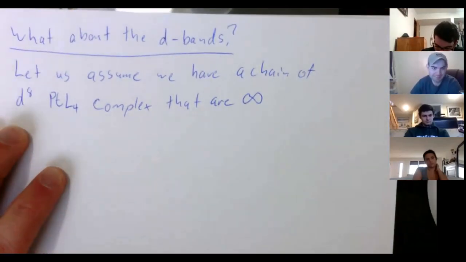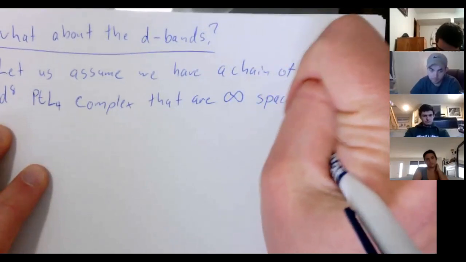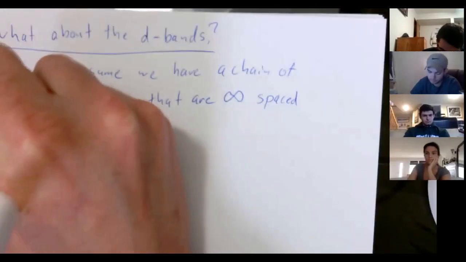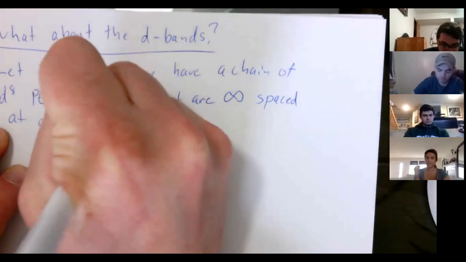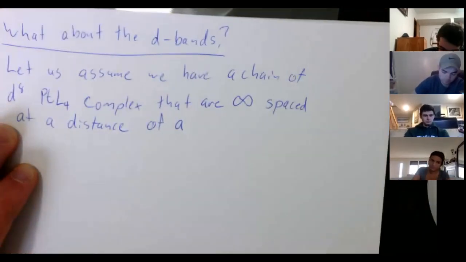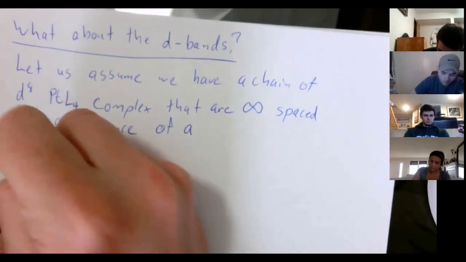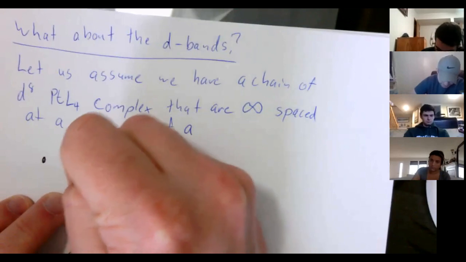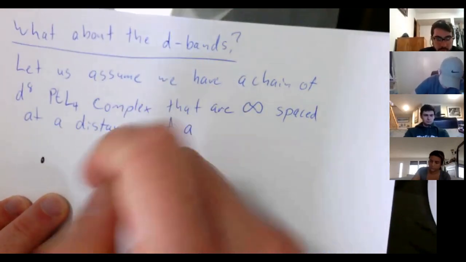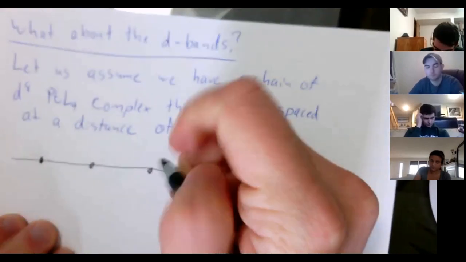Okay, and we're going to space them out. They're infinitely long in space at a distance of a. So they're a apart. So if we try to draw this, this is the chain.